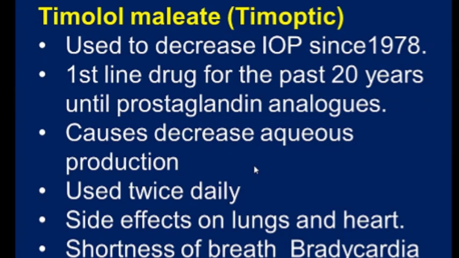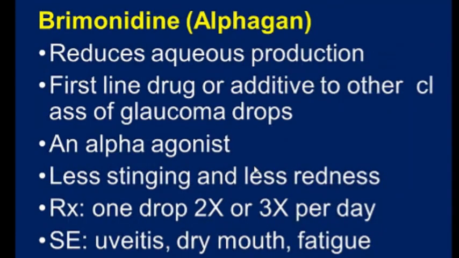So you avoid administering beta blockers. Another side effect is shortness of breath and bradycardia. That's why asthmatic patients and patients with heart problems are contraindicated for timolol or other beta blockers.